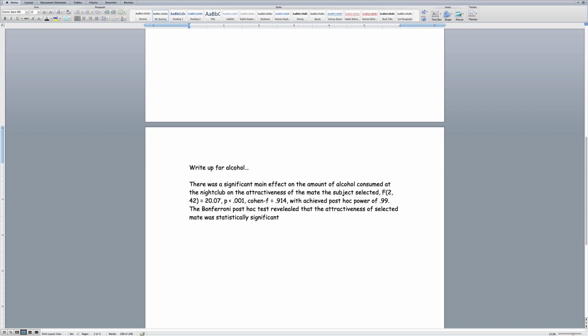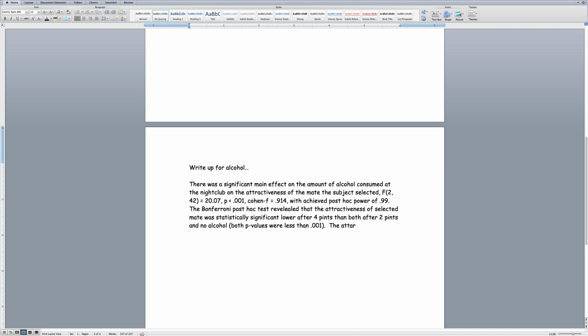Was significantly lower after 4 pints than both after 2 pints and no alcohol. So both p-values were less than 0.01.